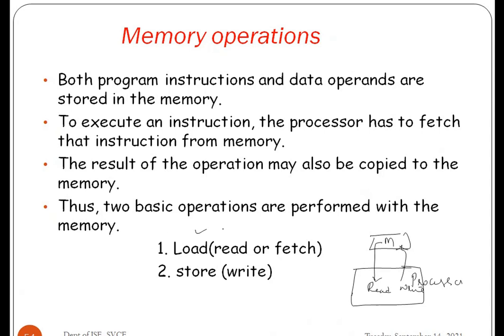You can use any of the terms: loading the instruction, reading the instruction, or fetching the instruction from memory to the processor. After executing, if the processor wants to write the result back to the memory, it does so using an instruction called store.